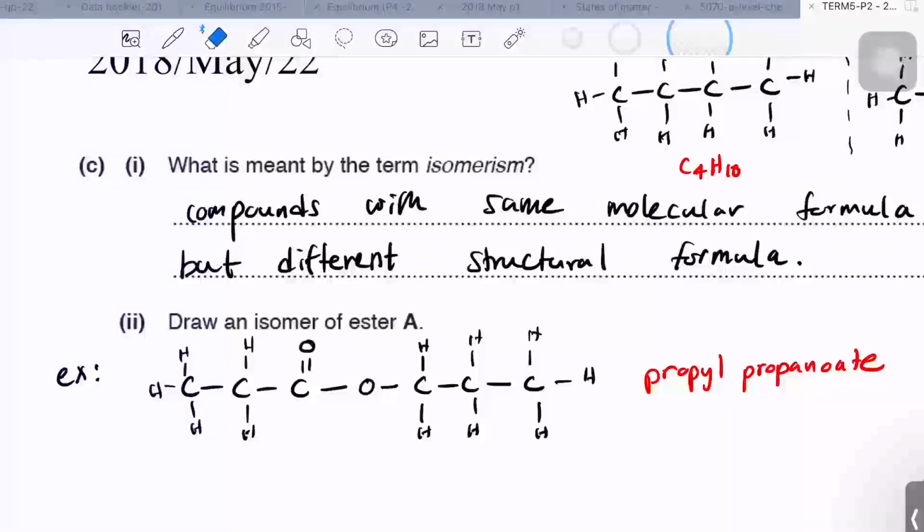You can copy this as one example. We can draw many. I saw three students so far got different structures. Can you also try and find a different structure other than the one I have drawn?